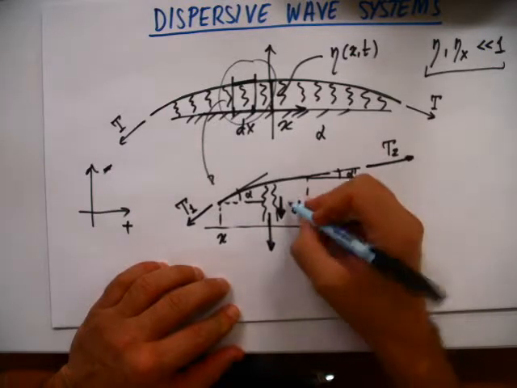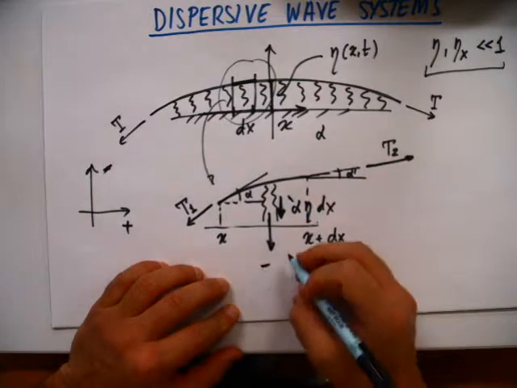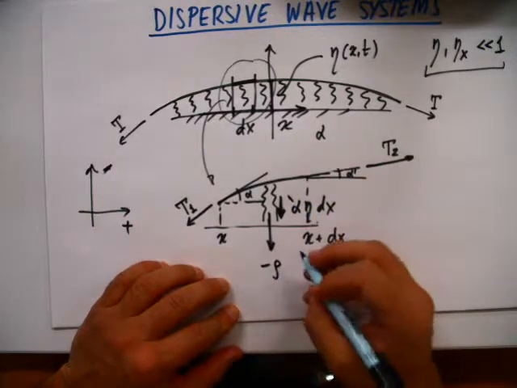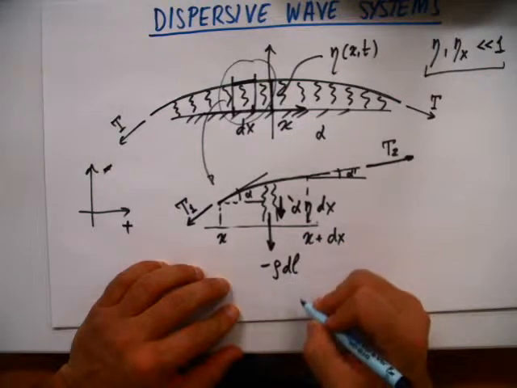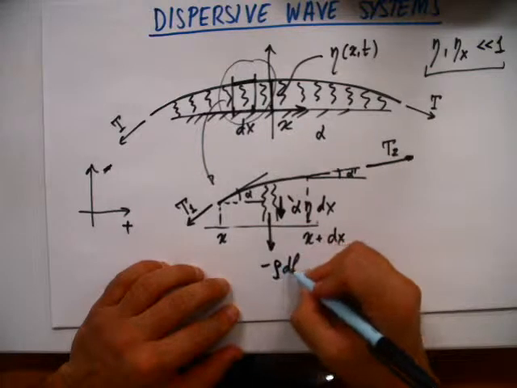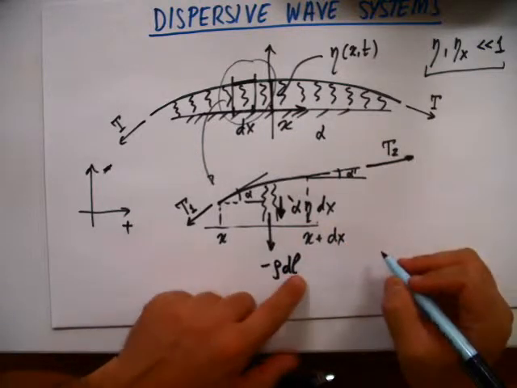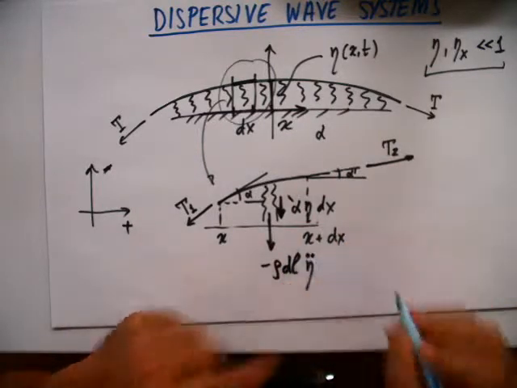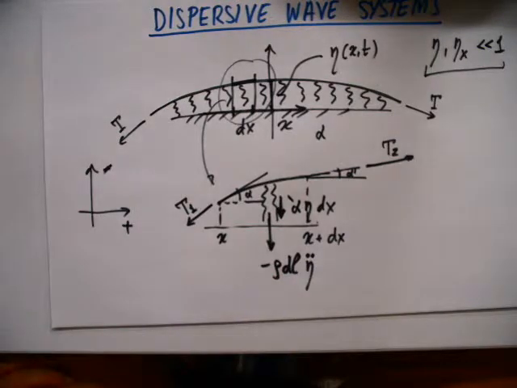This is equal to rho, the length of the string, minus rho dl eta dot. Okay, and we can assume that the string is very thin, so that we neglect the mass.